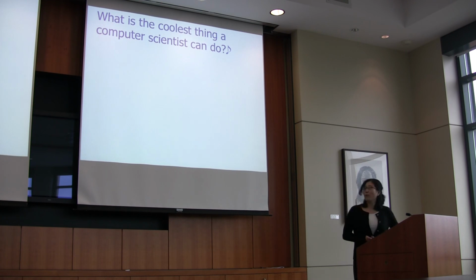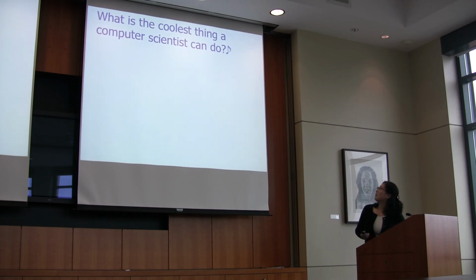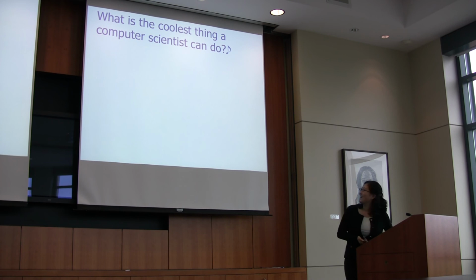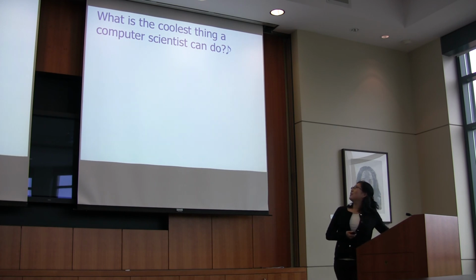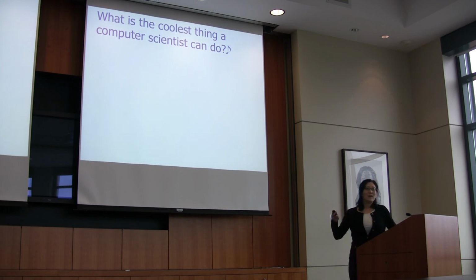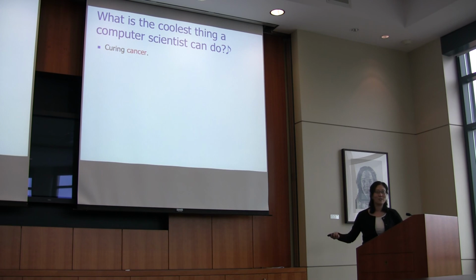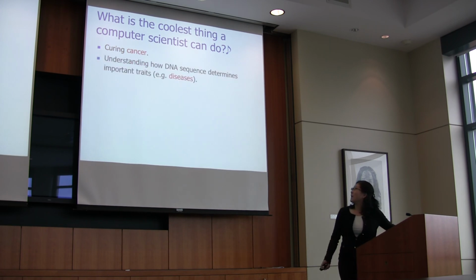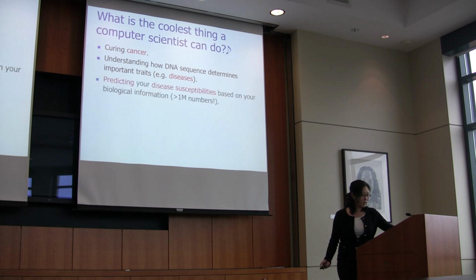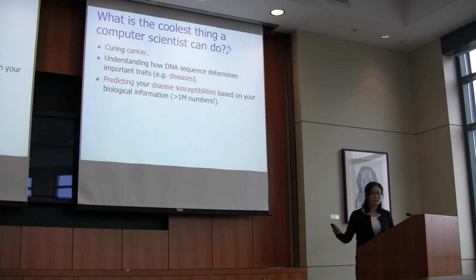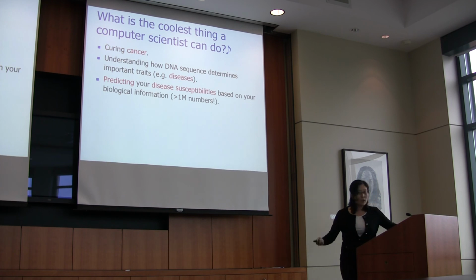Okay, so before I wrap up the talk, I just want you to think about the goals: understanding how DNA sequence determines important traits such as diseases, and predicting your own disease susceptibilities based on your biological information.